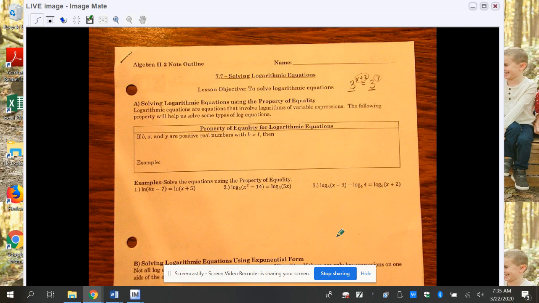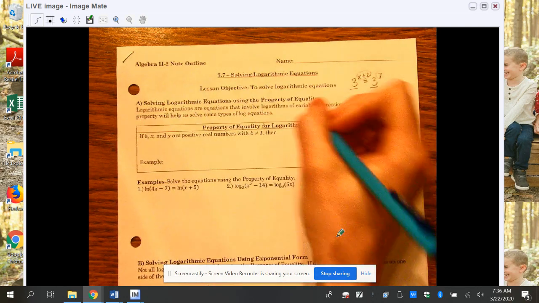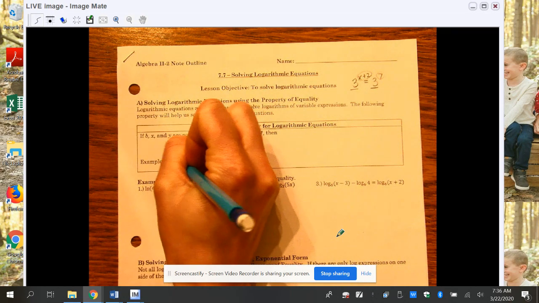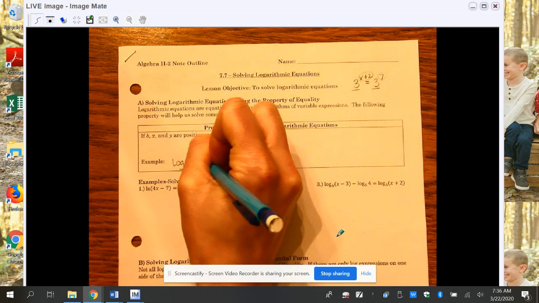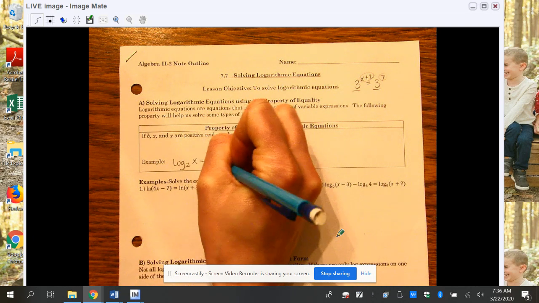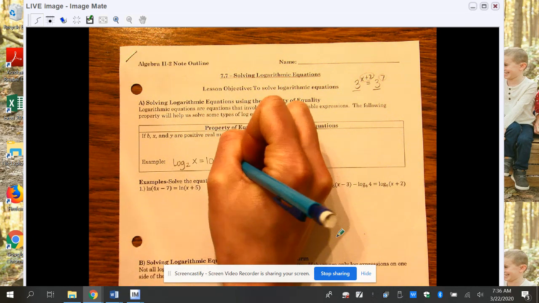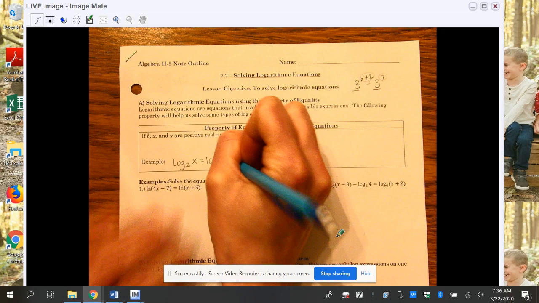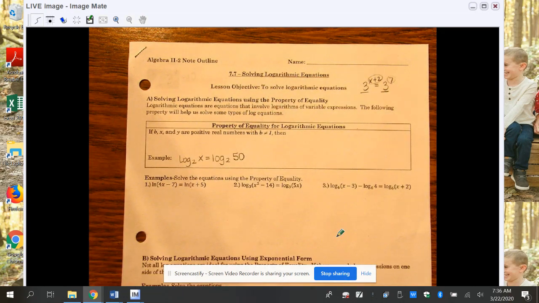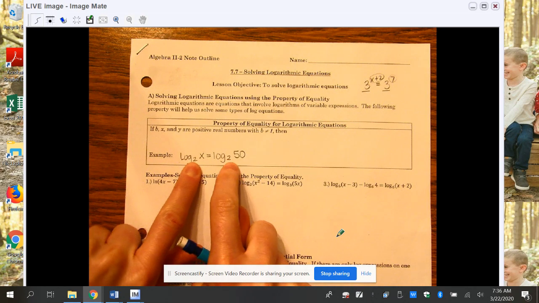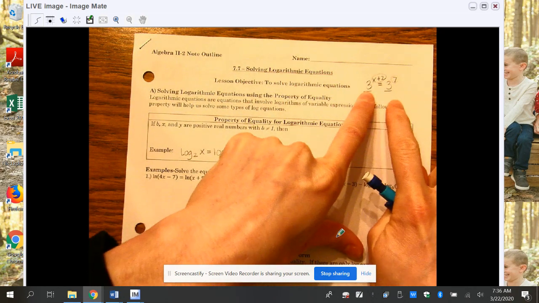The same is going to be true with logarithms. If I told you that log base 2 of x needs to be equal to log base 2 of 50, well, these two logs have the same base, just like these two exponents have the same base.